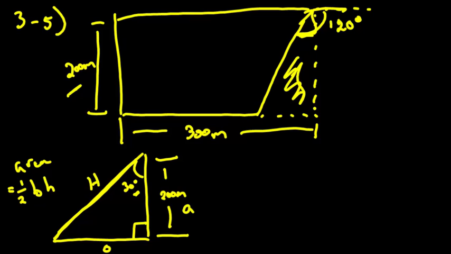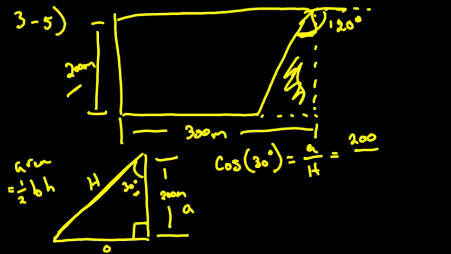In order to solve this, we know that the cosine of 30 degrees is equal to the adjacent over the hypotenuse. So A over H. And we know that A is 200, so cosine of 30 degrees equals 200 over H. To find H, we do some basic algebraic manipulation.